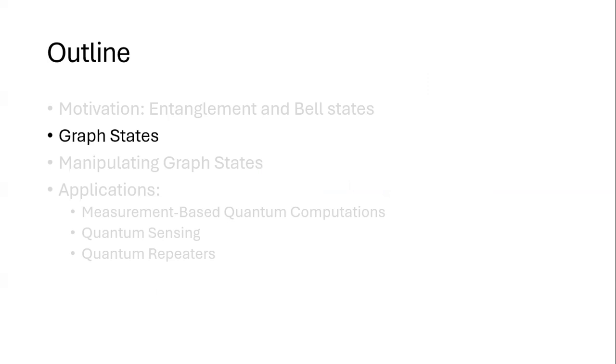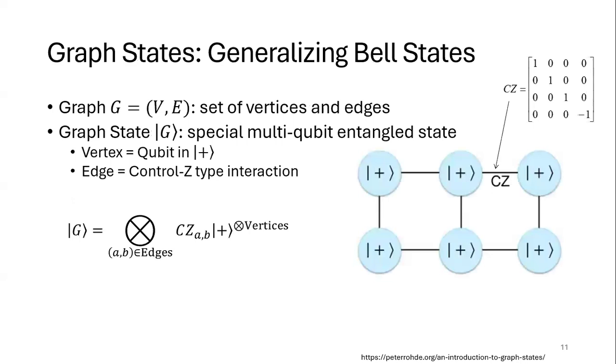So graph states are a type of entangled many-qubit states. And these are the ones that we saw so far. So just to give you a general definition of what a graph state is: think of a graph, so a bunch of vertices and edges.